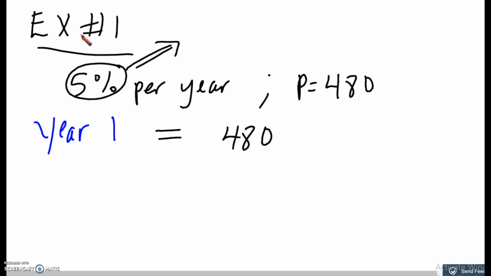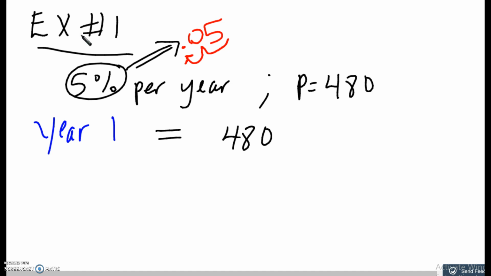And 5% in decimal form, we move the decimal place 2 spaces to the left because percent means part of 100, so you divide by 100, which moves the decimal place 2 spaces to the left. So 5% equals a decimal equivalent of 0.05.